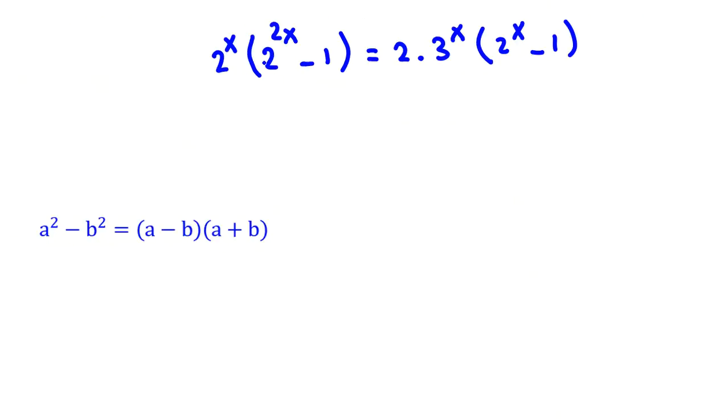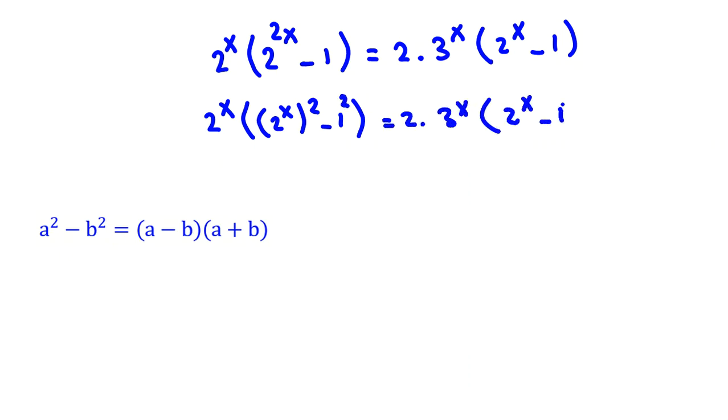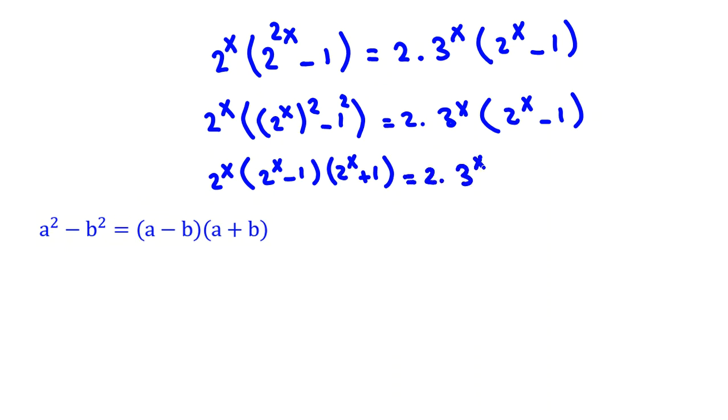Now, if we apply this identity, difference of two perfect squares, 2^x is A and 1 is B. If you write 2^x squared minus 1 squared equal to 2 times 3^x (2^x minus 1), and apply this identity, it will be 2^x (2^x minus 1)(2^x plus 1). You write exactly this. It will be 2 times 3^x (2^x minus 1).